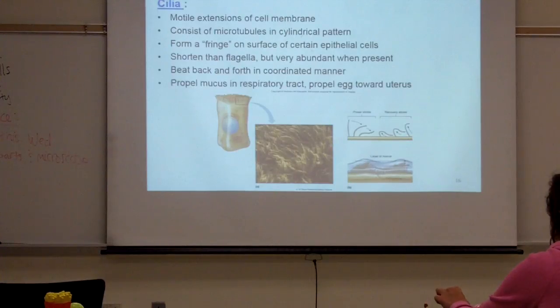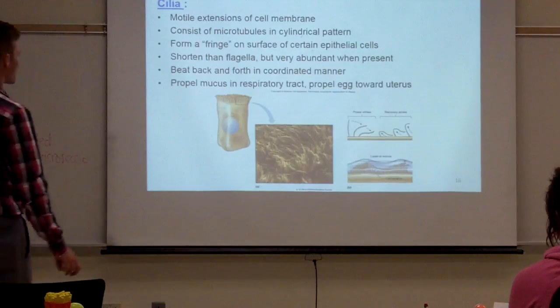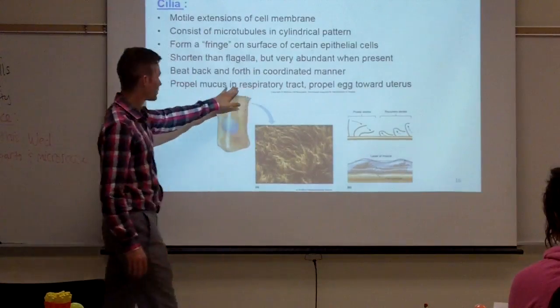So those would be the cilia, these extensions that hang off the cells, and they have the ability to sweep things around. So all the cilia in the respiratory system are constantly moving, sweeping stuff out.